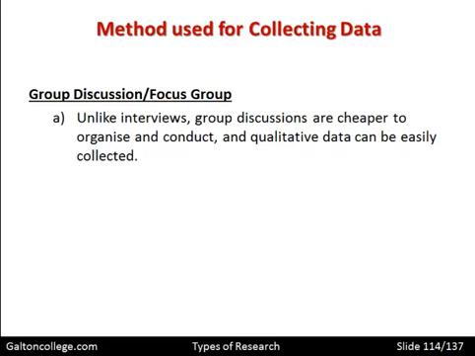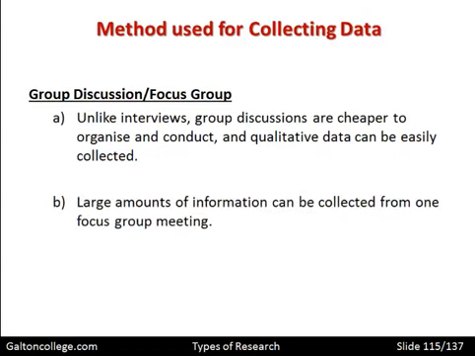With a group discussion, perhaps one session with 20 people, perhaps 15 people, whatever, one session with a facilitator or a moderator, and that may yield a lot of insights. So it's a more efficient way of collecting qualitative data. Large amounts of information or data can be collected from one focus group meeting.